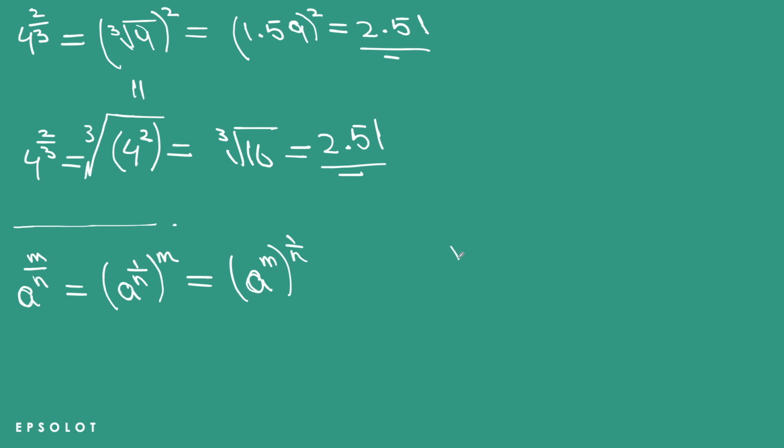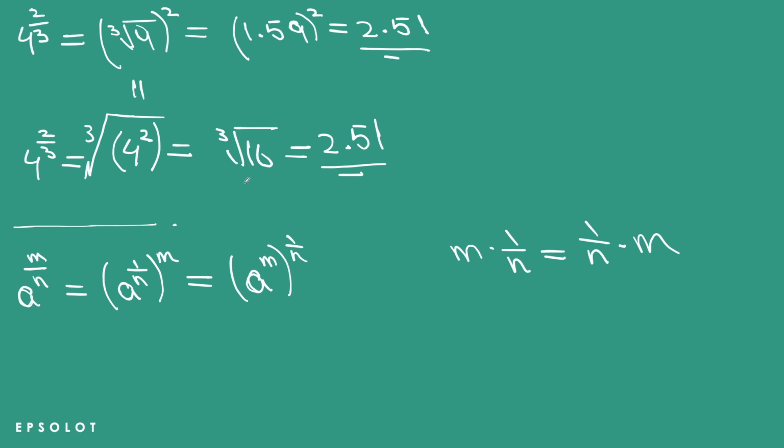So m times 1 over n is the same as 1 over n times m. The order doesn't matter. So that means that you can either take the root first and then raise it to the power, just like we did in this case, or you can take the power first and then take the root. Regardless, you get the exact same answer.